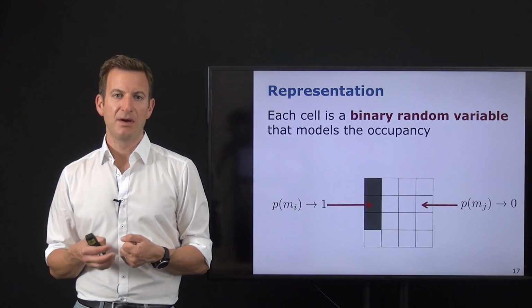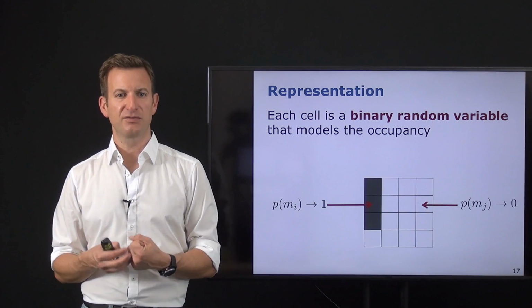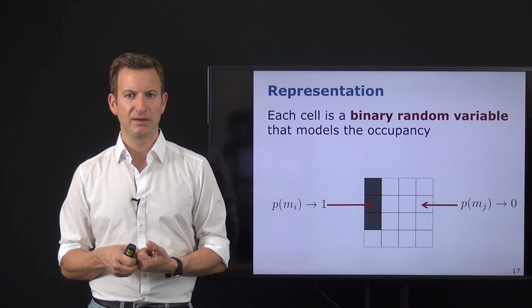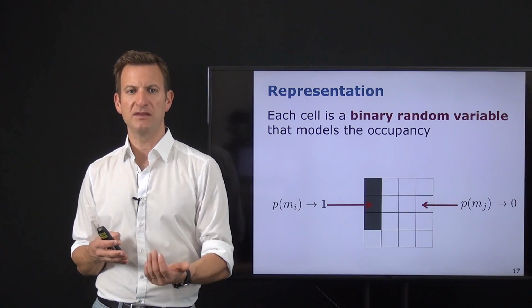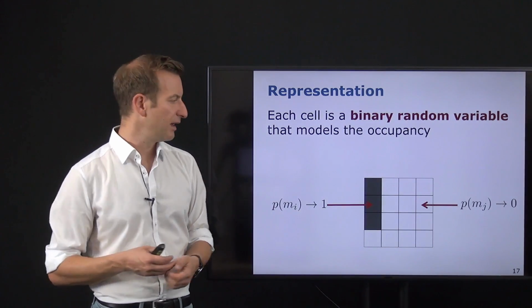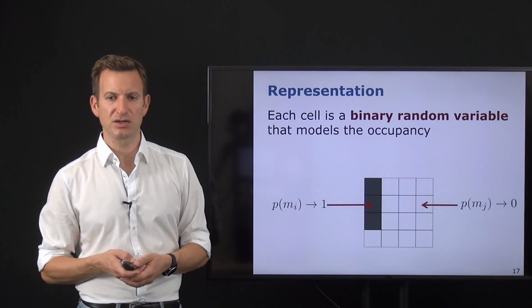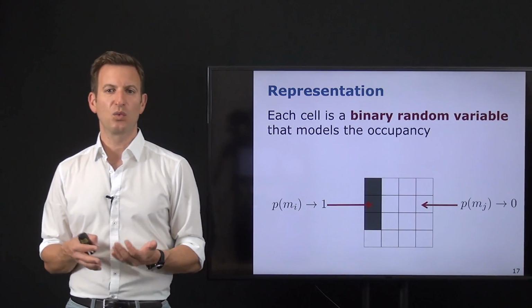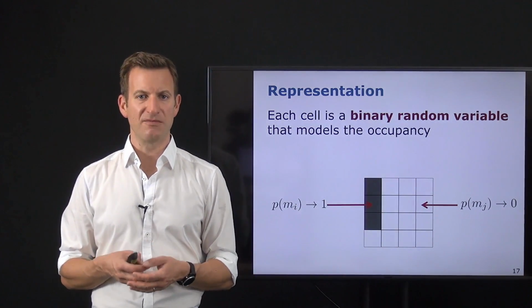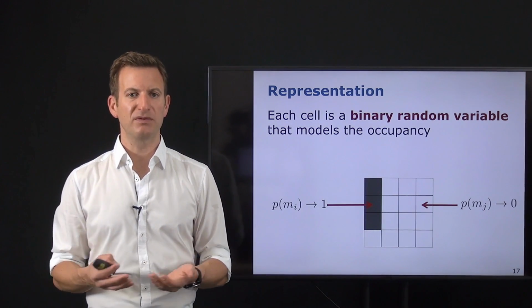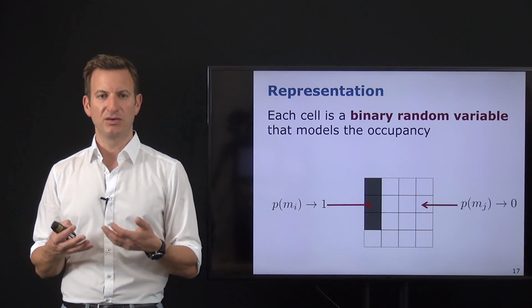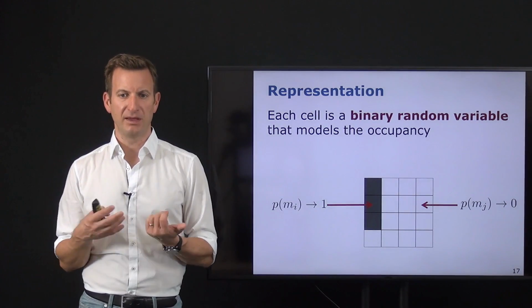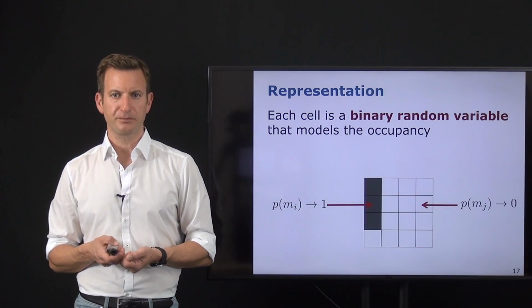That means I'm sure that this cell is free, because I know it's not occupied. So probability going to 0 means not occupied, and that means free in our notation. And for all of those cells, we need to store one binary random variable in order to represent the probability distribution about the individual cells being occupied or being free.